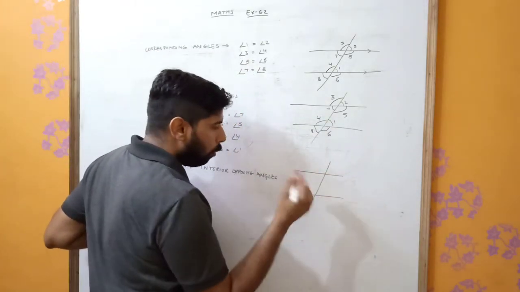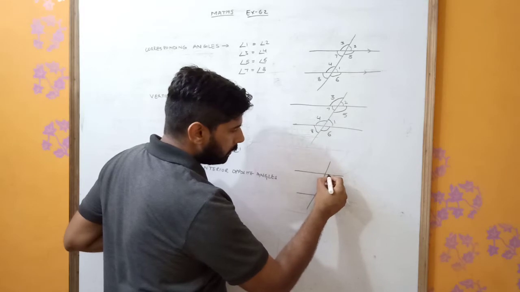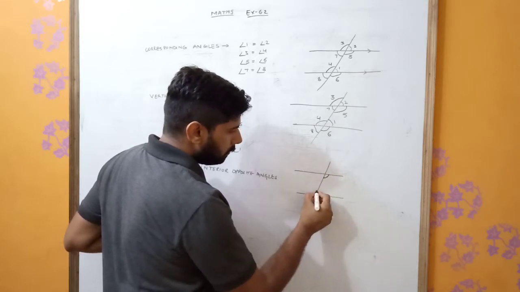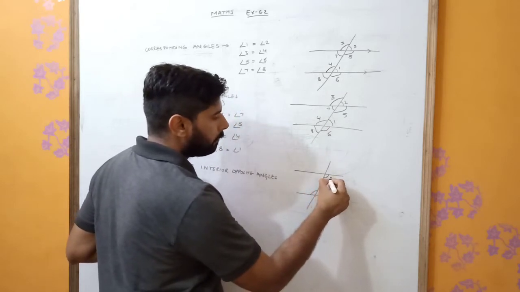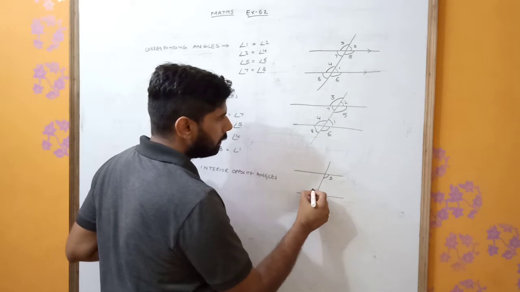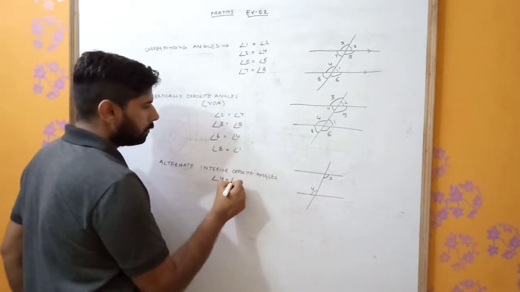Alternate angles means, if we are talking about interior opposite angles, that means this angle is equal to this angle. This angle is 5 and this angle is 4. Angle 4 is equal to angle 5.